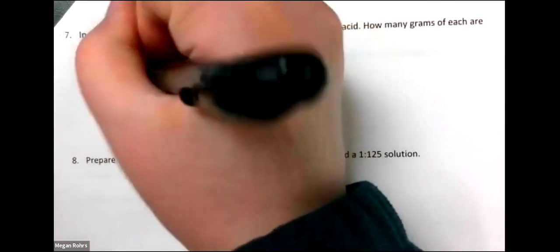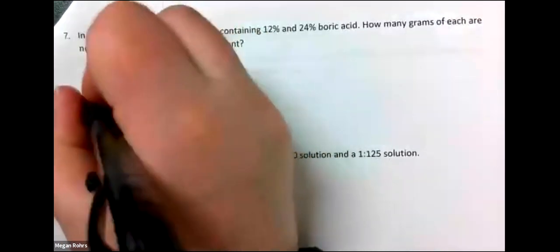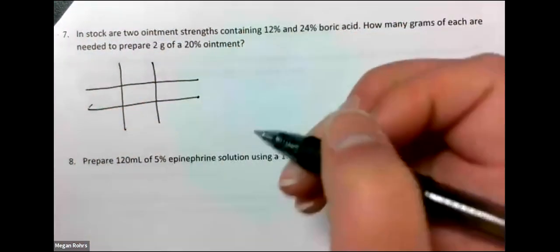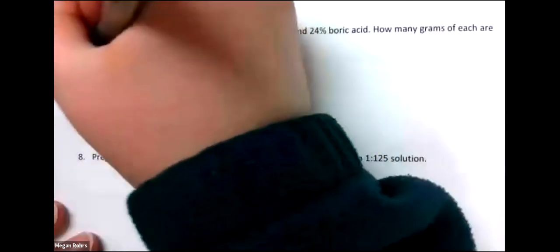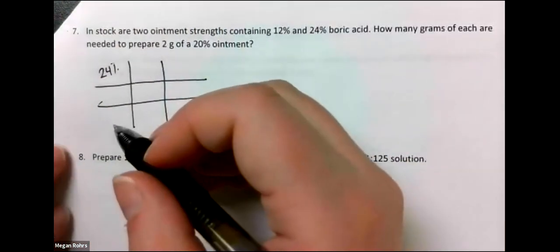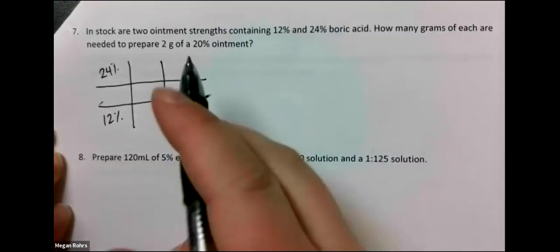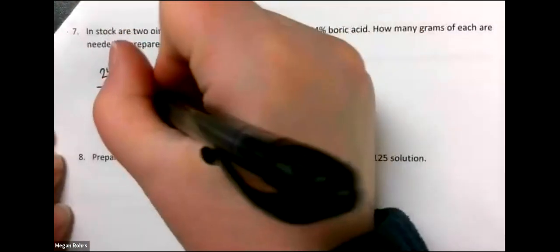So once again, always start with your tic-tac-toe box. Higher strength goes in the top left. So the highest one we have is 24%. Lower strength goes in the bottom left. Lowest is 12%. And our desired goes in the middle, so 20%.